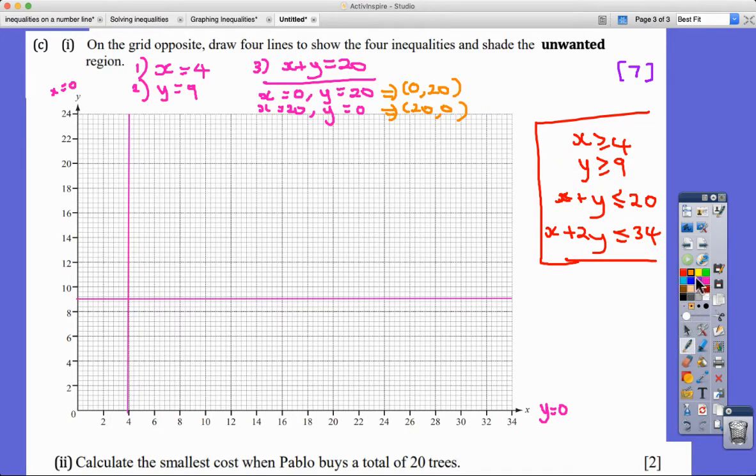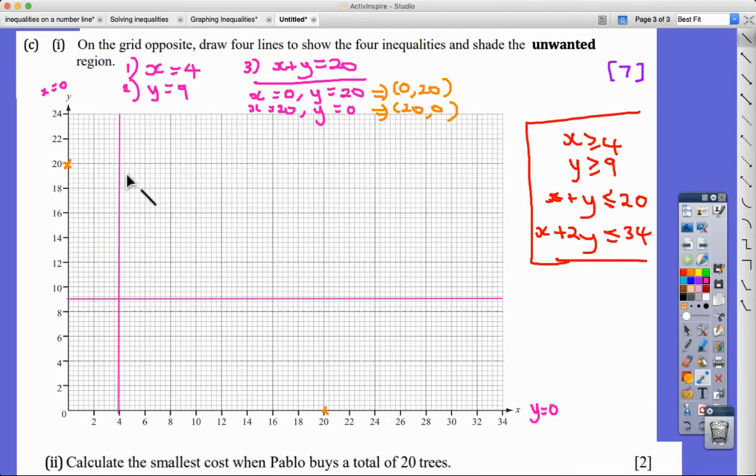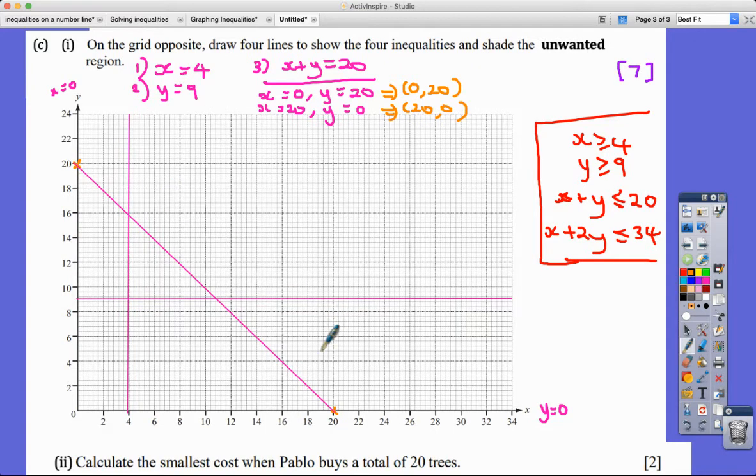Now if I plot these two, (0, 20) along the corridor, up the stairs, would be here, and (20, 0) along the corridor to 20, 0. Then I put that line in. So that is the line x plus y equals 20. In my opinion, that's quite nice and straightforward.